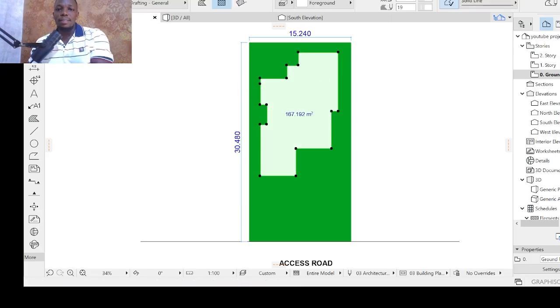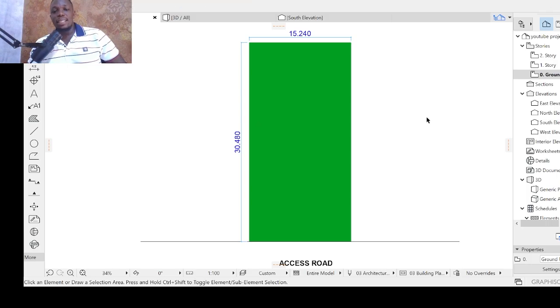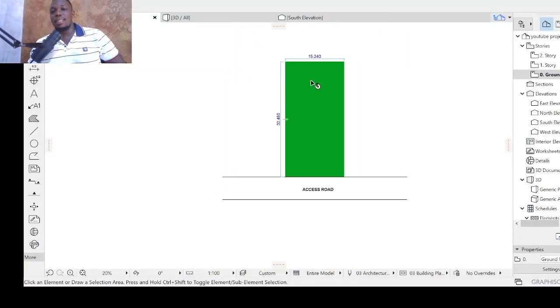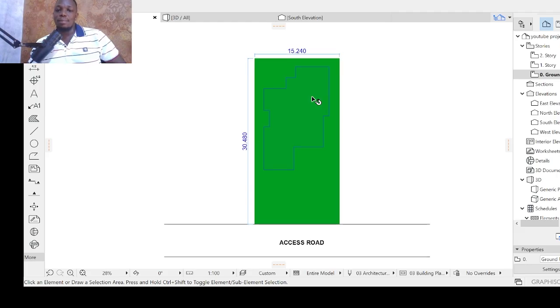It means a plot that is running 100 feet by 50 feet, which is 30.48 meters by 15.24 meters. So this is a template that I'm going to discuss with you on how you can manipulate it and how you can fit what is desirable to fit there.